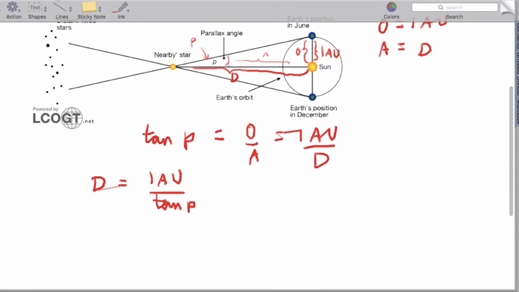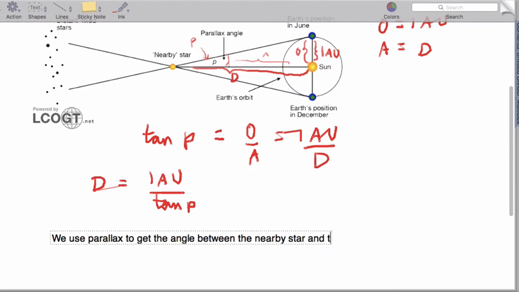So, in other words, what we're going to do is we use parallax to get the angle between the nearby star and the distant stars, okay, in June and in December.